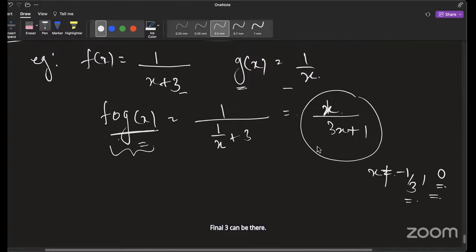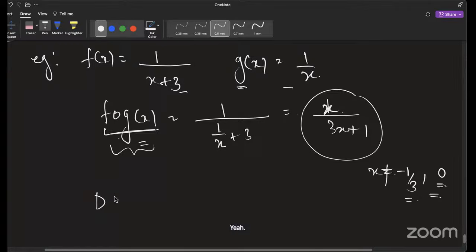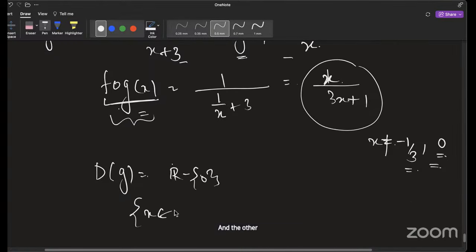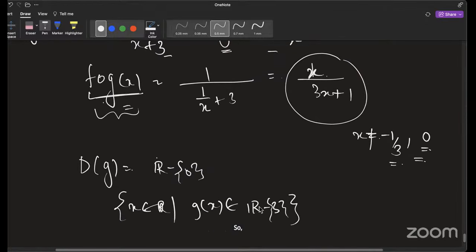We have to take an intersection of the domain of g of x and the possible values of x. If you look at it this way, the domain of g is R minus 0, right? And the other set that we took, x belonging to R such that g(x) is in the domain of f. What is the domain of f? R minus 3.